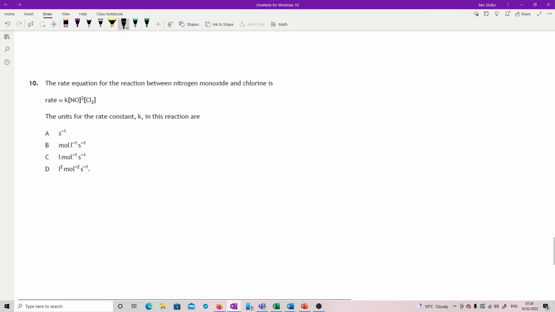I didn't particularly like this one though. The rate equation for the reaction between nitrogen monoxide and chlorine is given, and the question asks for the units for the rate constant k in this reaction. Right, so this rate equation overall in order, you've got a 2 and a 1, so this is third order. So you're looking for this, but you've got to work out how you're going to know these things.